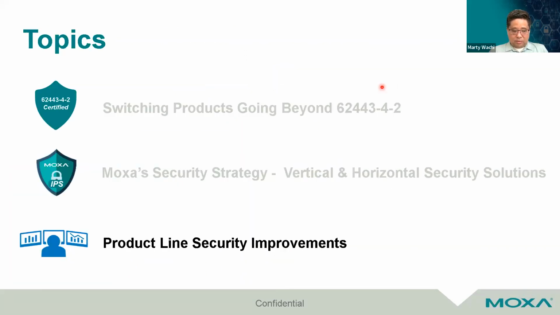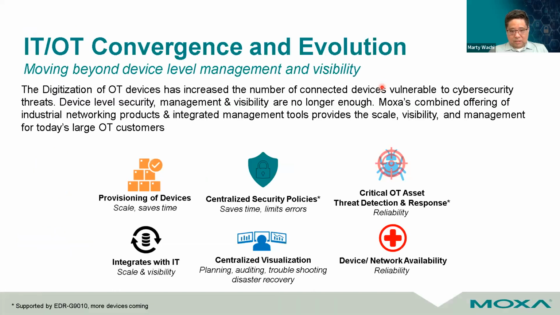So we've got some product line security improvements that we really wanted to highlight, both from a software as well as a product perspective. To that end, what we're seeing here is this continued evolution of IT-OT convergence. We're seeing a lot of these devices being connected at increasing numbers. And this is forcing a lot of our customers and partners to move beyond device level management and visibility.